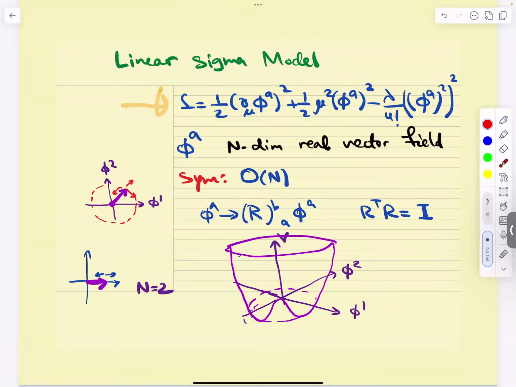All right. Now, what we're going to be doing is the linear sigma model. So far, in terms of models, we talked about lambda phi 4 and we talked about gauge theory. Lambda phi 4 is not a nice theory. We'll see that.